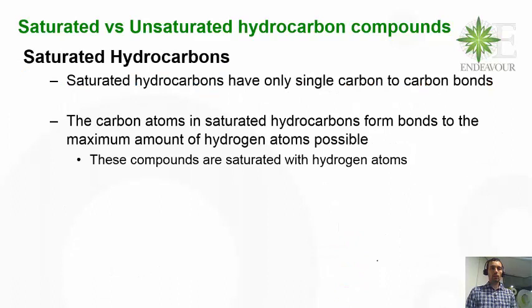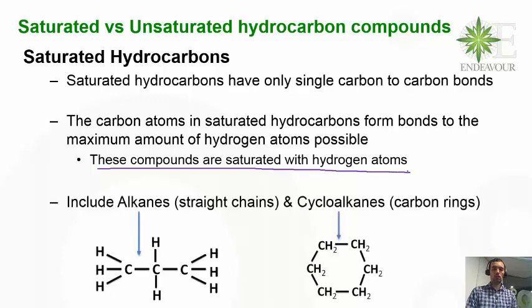Interestingly, with our saturated hydrocarbons, that means they have the maximum number of hydrogen atoms bonded to the compound possible. This is because they have limited bonds to other carbon atoms. So we can say that these structures are saturated with hydrogen atoms, because they have the maximum number of hydrogen atoms attached.